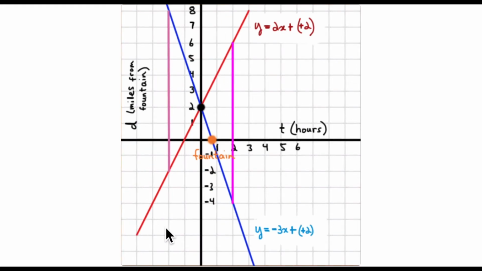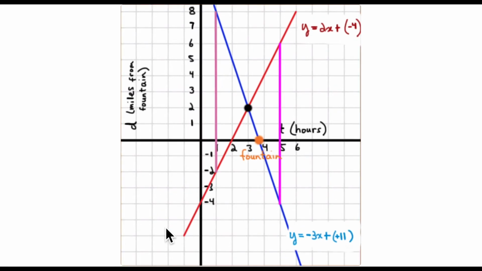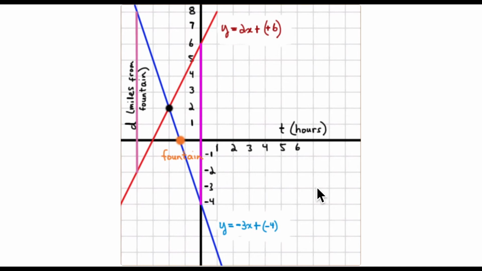But what changes is the y-intercept and, of course, the time. So the time is shifting to the right. But notice what happens to the y-intercept. So let's go back here to the beginning. This y-intercept is at 6 miles from the fountain. This sister rides at 2 miles each hour.